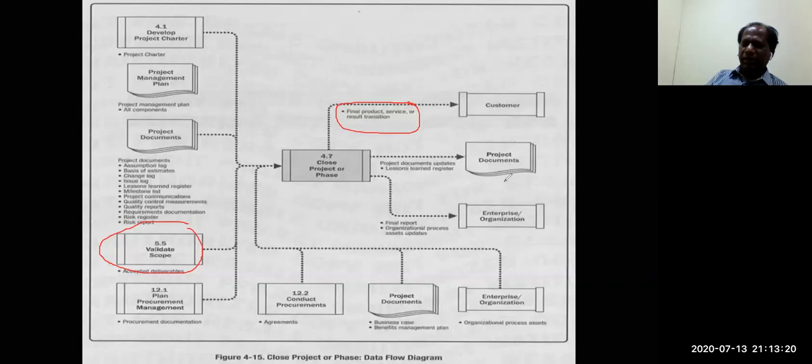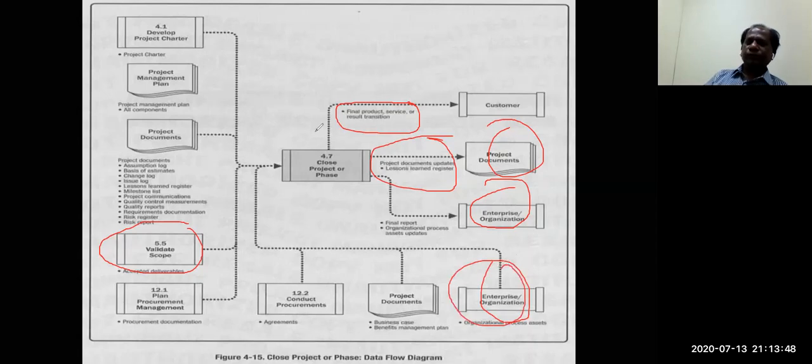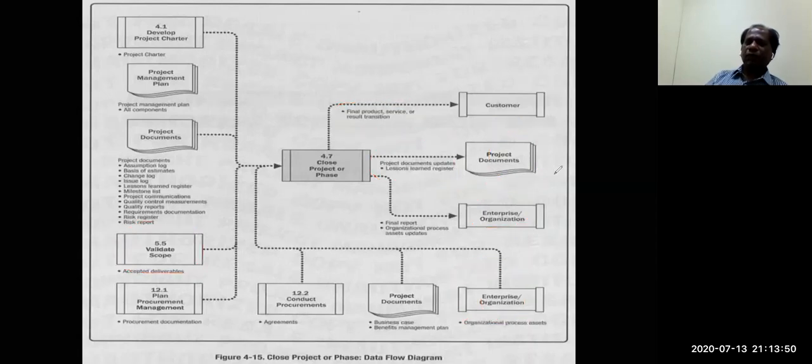Organizational process asset updates are going into our organizational repository. Lessons learned register is going into our project documents. See here, the agreements come from the conduct procurement process. Other project documents, like business documents and the benefit management plan, come from the project documents already available with us. Our lessons learned from past projects can be taken from there. Straightforward.